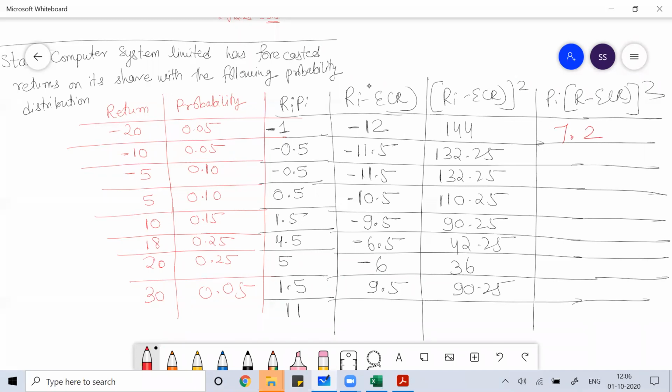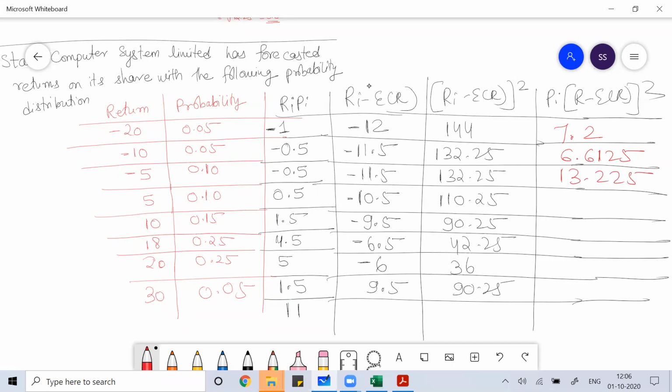Then 132.25 into 0.05, that is 6.6125. Then 132.25 into 0.1, so that would be 13.225.